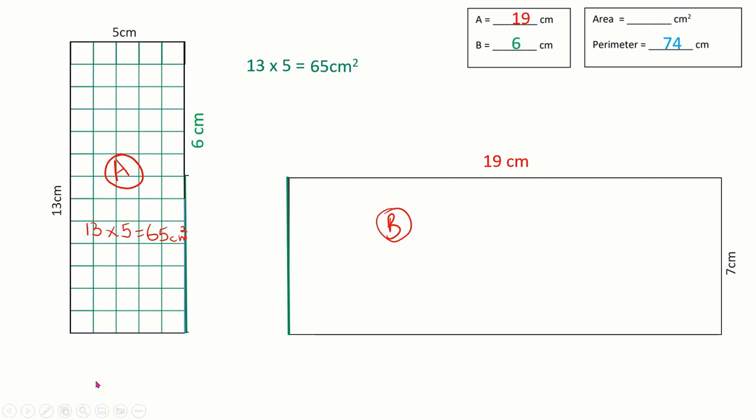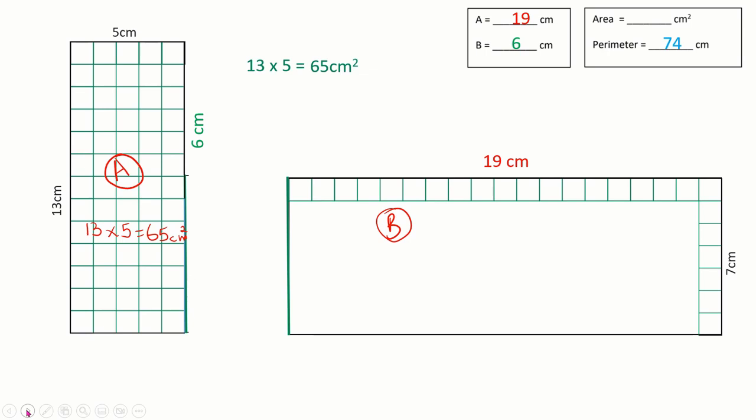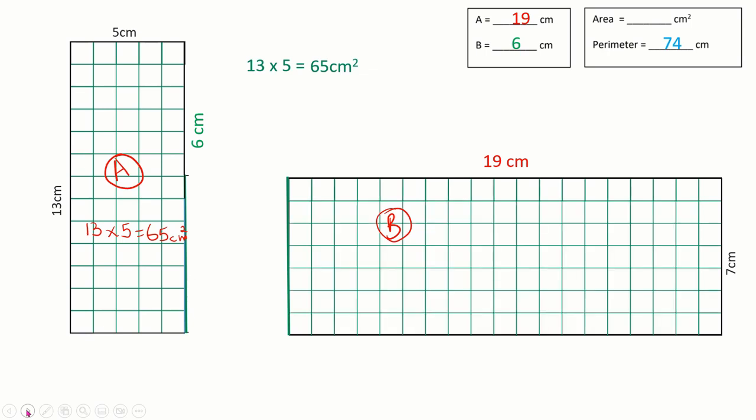I can see that I've got 19 going across the top, 7 going down. Again, I could fill the entire space in with squares, but why would I do that? What is my calculation? My calculation is 19 times 7, which is 133 centimetres squared, because I'm showing that I've got 133 centimetre squares.